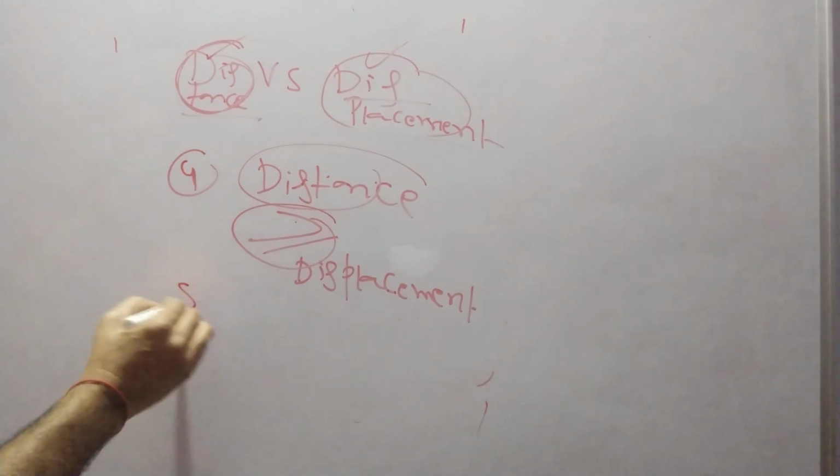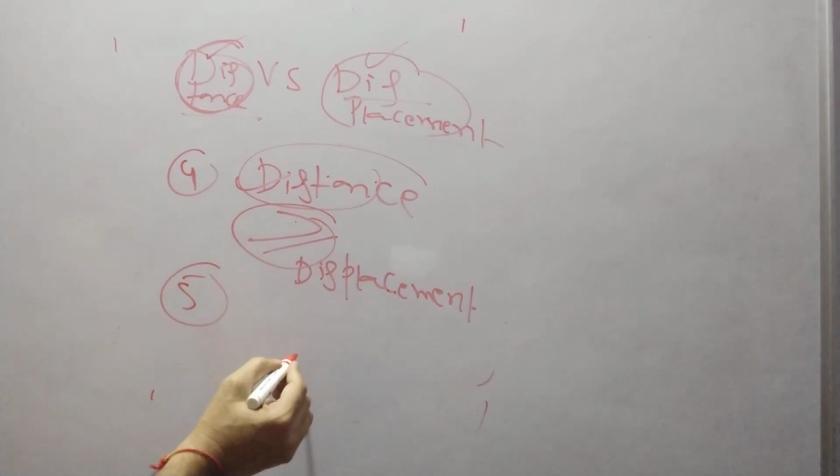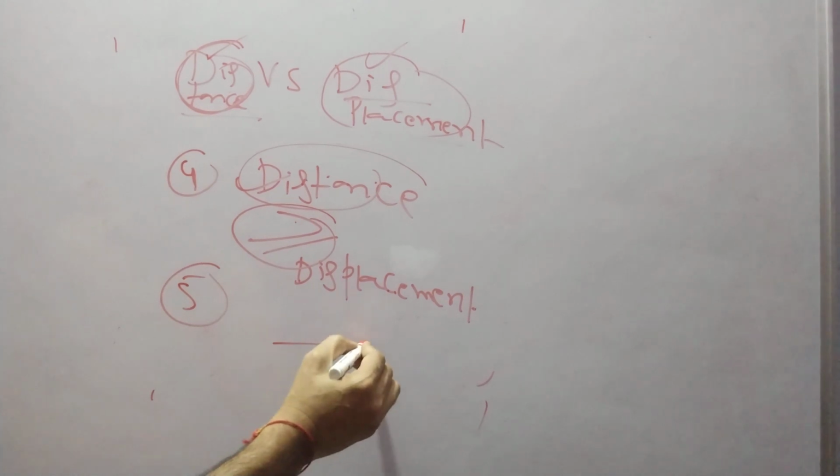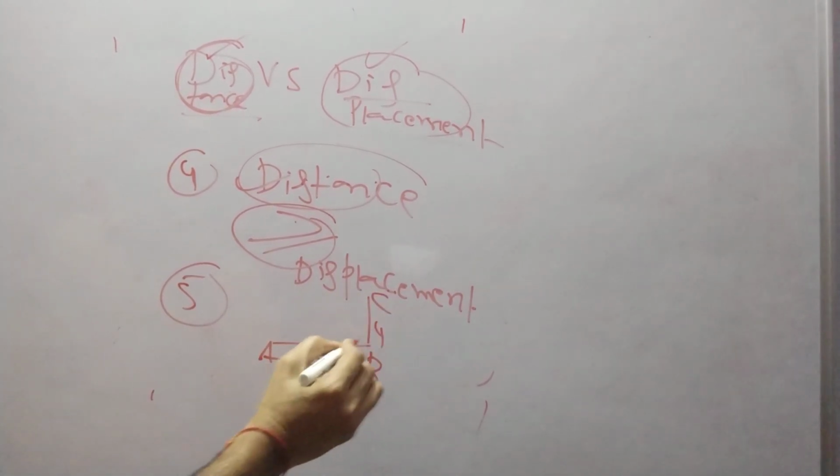And the last difference is that distance can have many values. We already saw in the figure with A, B and C, where one part is 3 and another is 4.